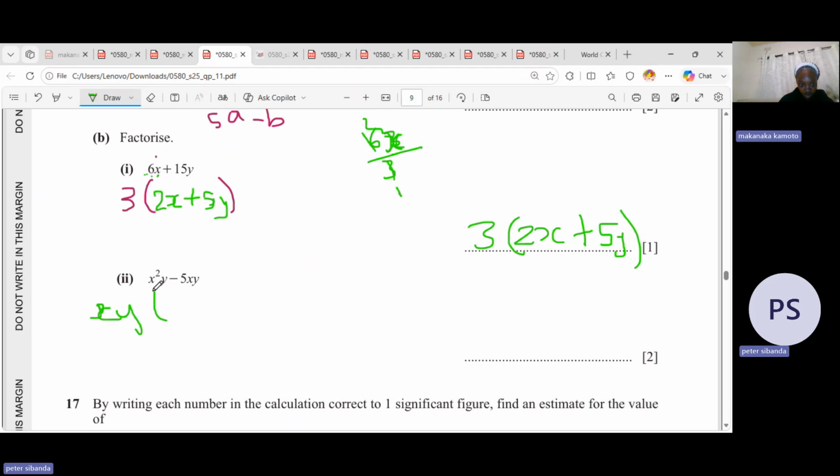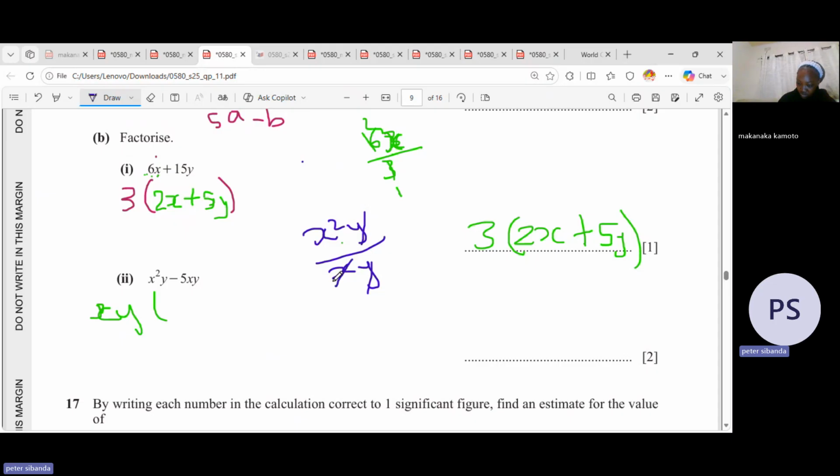Okay? So again, divide x squared y by xy, which you factored out, so that we know what remains in the brackets. If you take x squared y and divide it by xy, obviously this y and this y are going to cancel out and y is no longer existing.